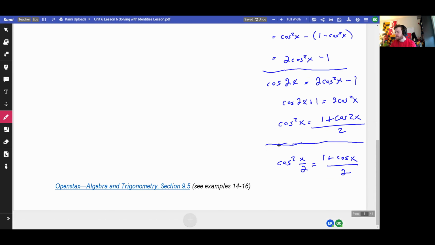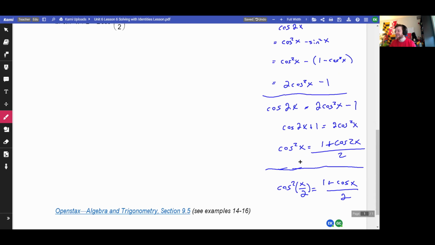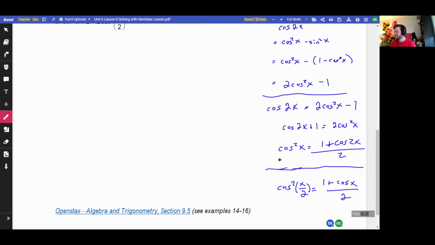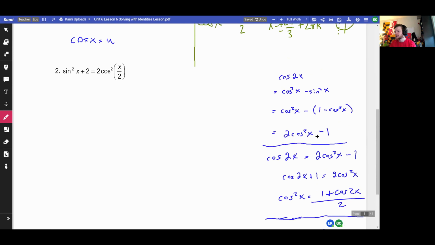So that reduction formula is a good one to know, but also some u substitution. Let's just have both of our angles. And then now we have a formula. Cosine squared x over 2 is equal to 1 plus cosine x divided by 2. Or you can use that song that I did not sing in the last video that I linked to in the chat to remember the half angle formulas, but I'm not a fan.